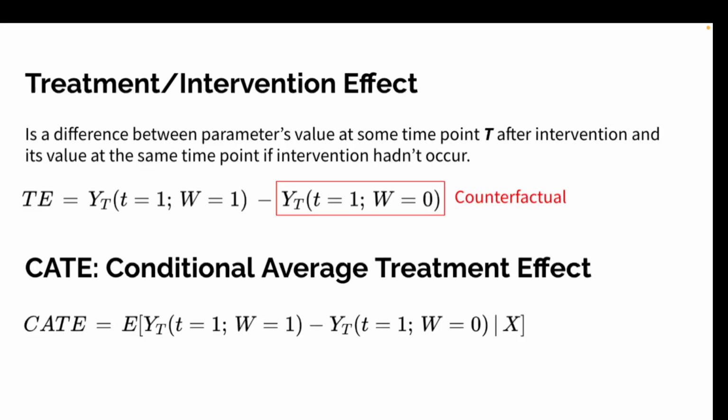I want to know, for example, the effect of this marketing campaign in Batumi versus Tbilisi. So the conditional treatment effect is more granular than just the average treatment effect, and that's why people are usually interested in this quantity rather than just the treatment effect.